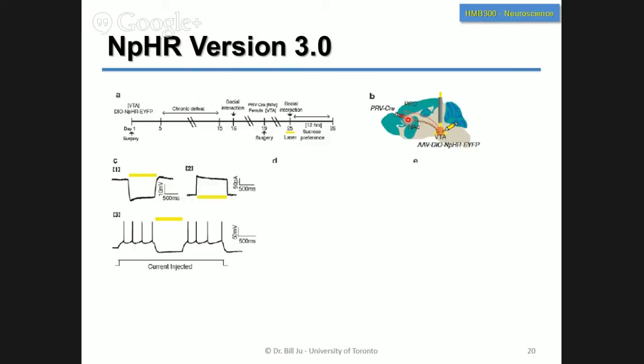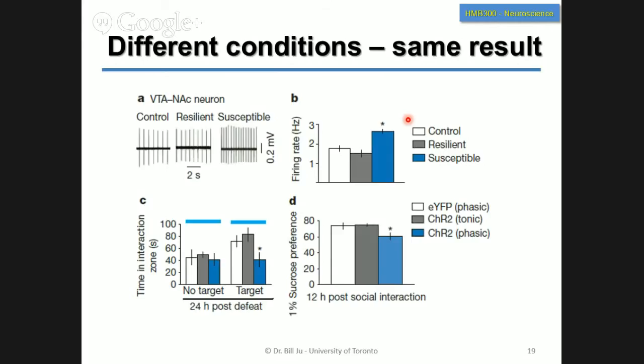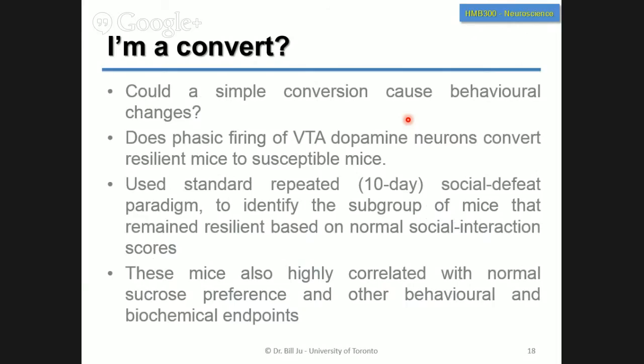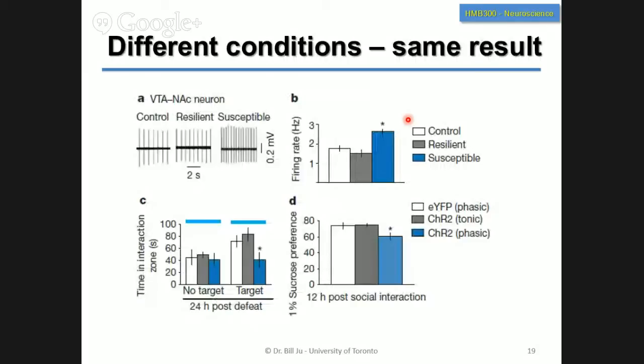In some models, they were already entrained in one pattern or another. They already had social defeat. For example, they already had this entrained, and then they went back and did this experiment with channel rhodopsin. Same thing here. They're already resilient or susceptible, and by inhibiting them, you can show that you can reverse the susceptible mice back to a normal phenotype.